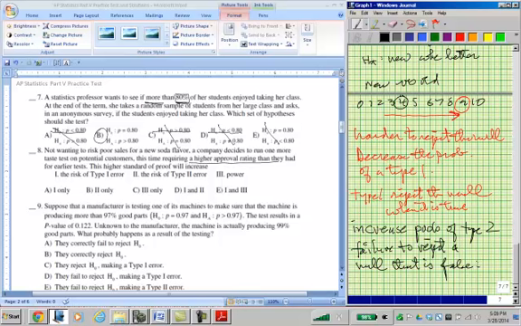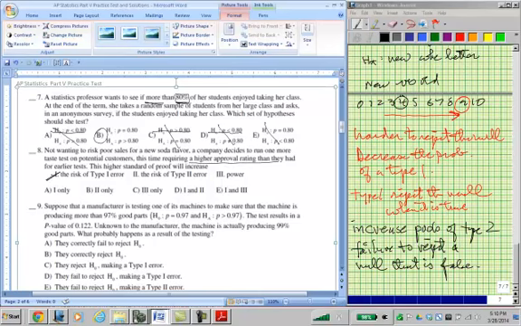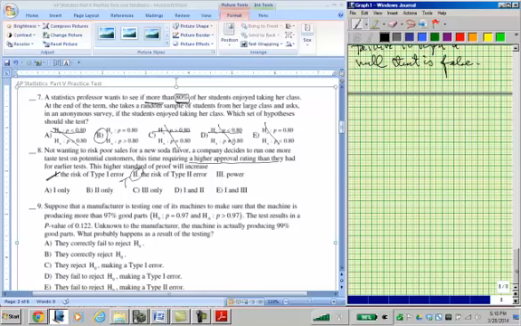So this higher standard of proof will increase the risk of the type 1 error? No. It decreases the risk of a type 1 error. Okay. It increases the risk of a type 2 error. That is true. Okay. Power. It will not increase power.